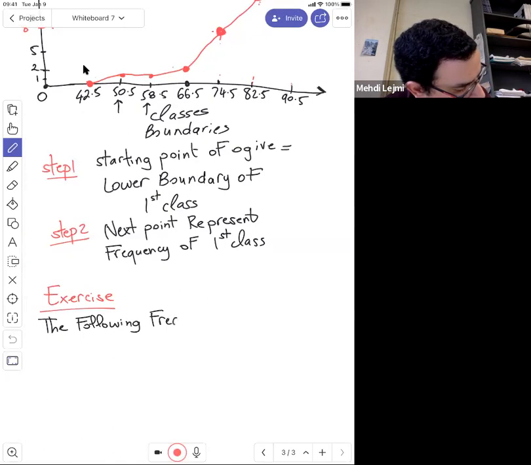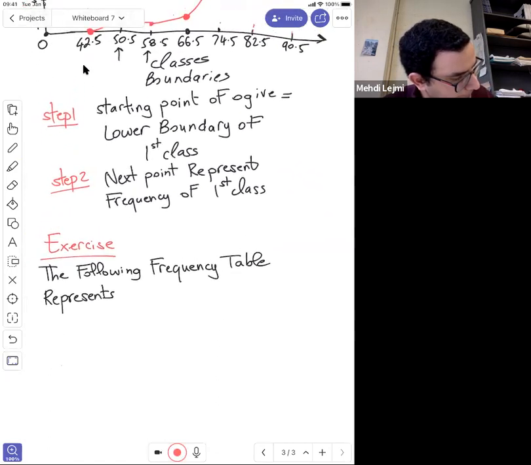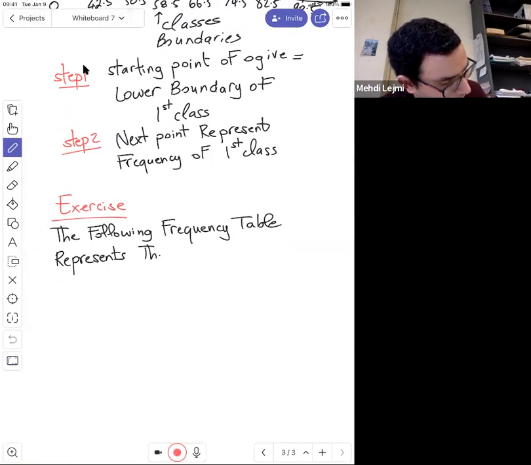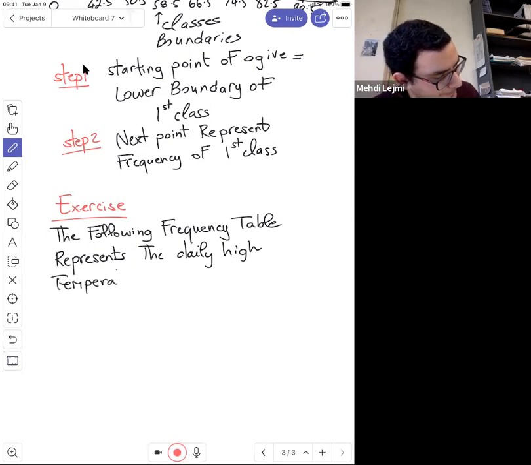So the following frequency table represents the daily high temperatures during winter in New York City.